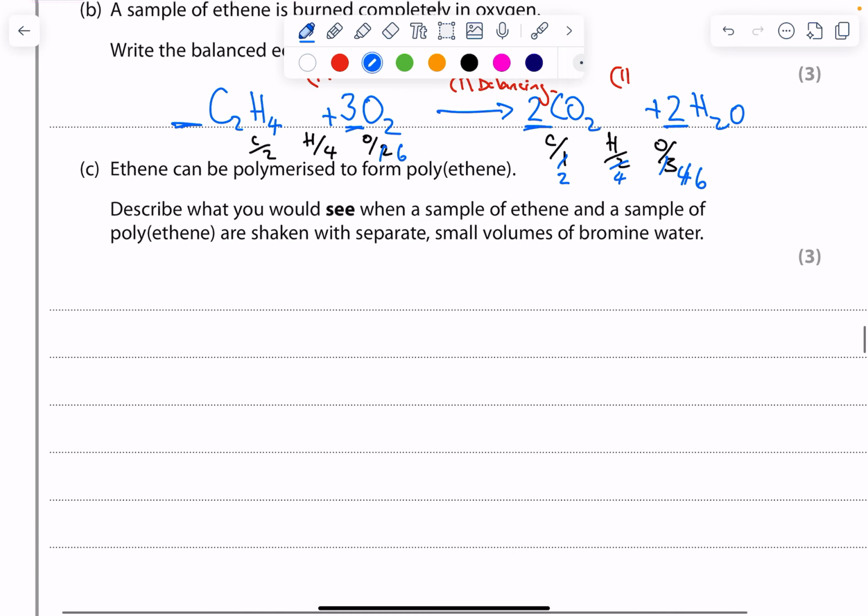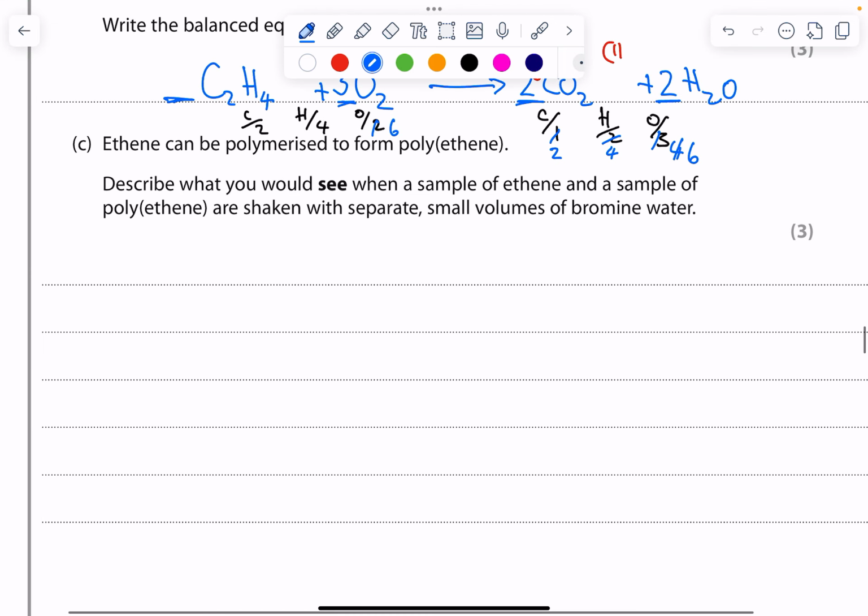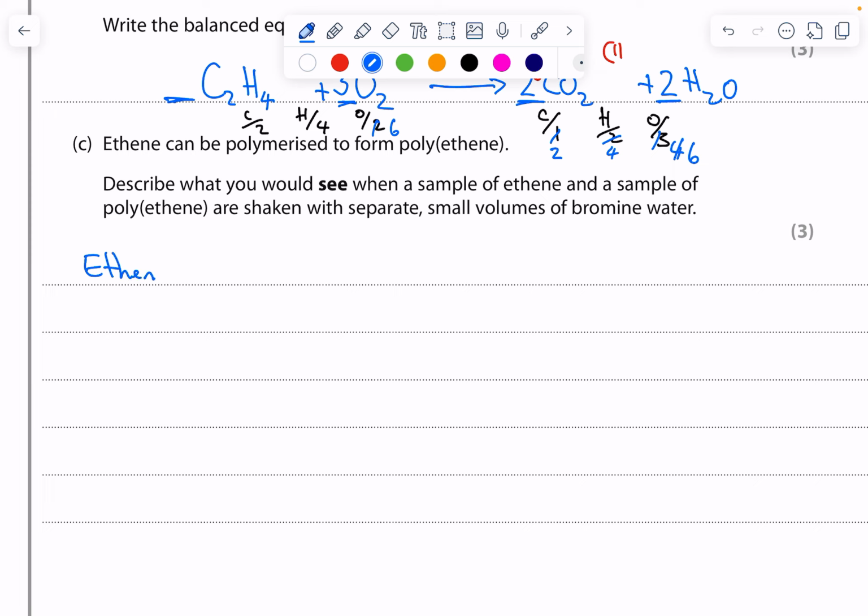Ethene can be polymerized to form polyethene. Describe what you'd see when a sample of ethene and a sample of polyethene are shaken with small volumes of bromine water. Okay, so ethene, remember, is an alkene, which means that ethene is unsaturated.